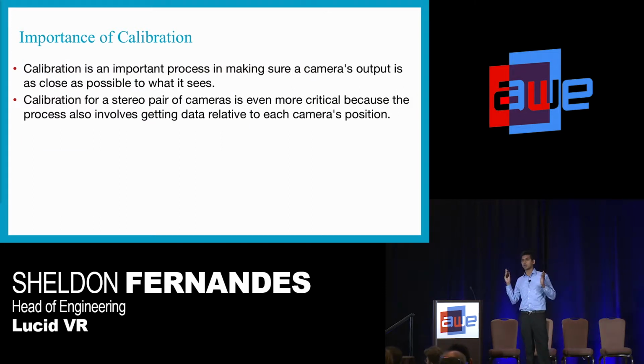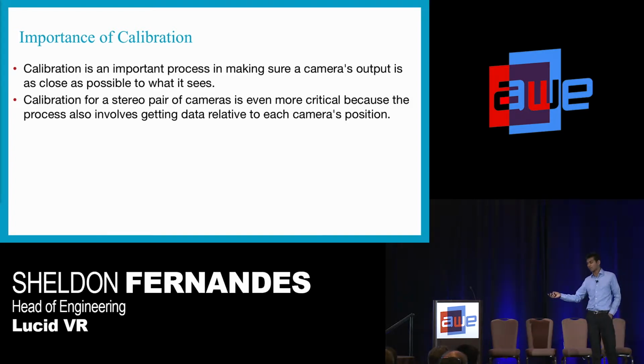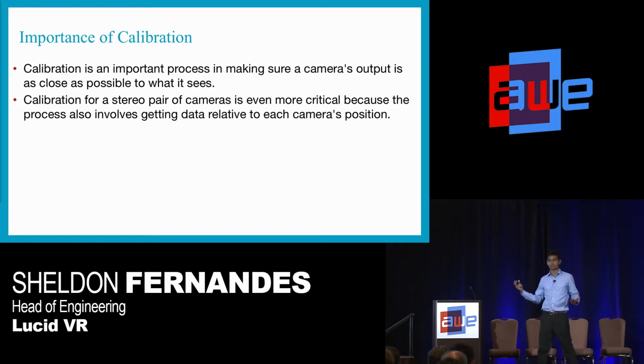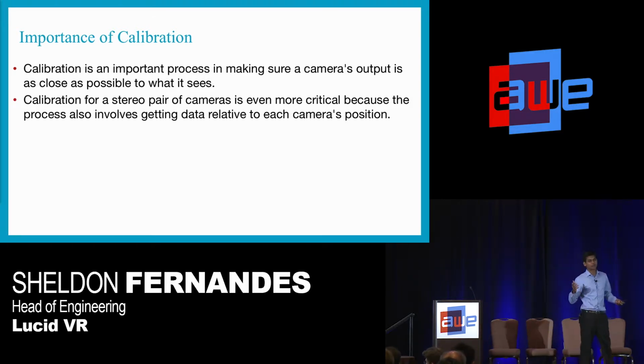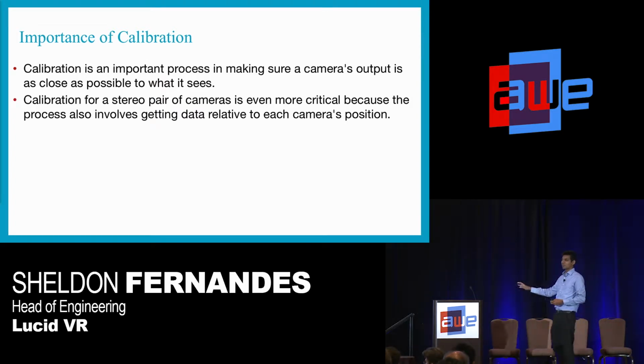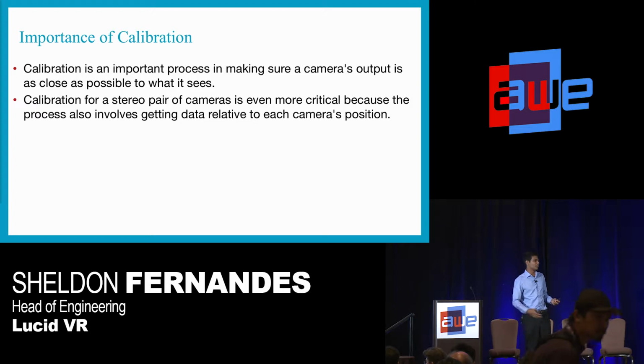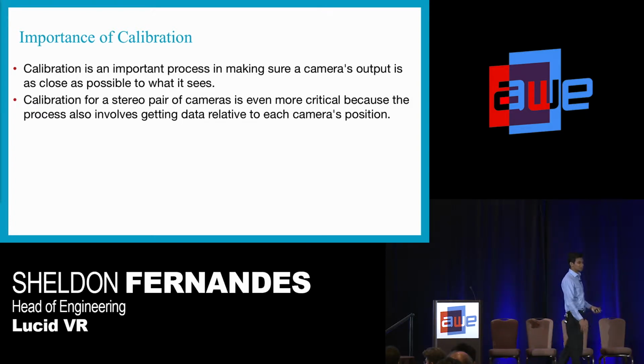Calibration is one of those things that, if done really well, goes completely unnoticed. Everything looks great. You see a 3D screen just like you're watching 3D right now with your eyes. But if done really badly, it's going to hurt you so much that you'll probably give up having 3D experiences. I know a lot of people who say, I'm not going to use 3D anymore. I just find it really uncomfortable to watch.